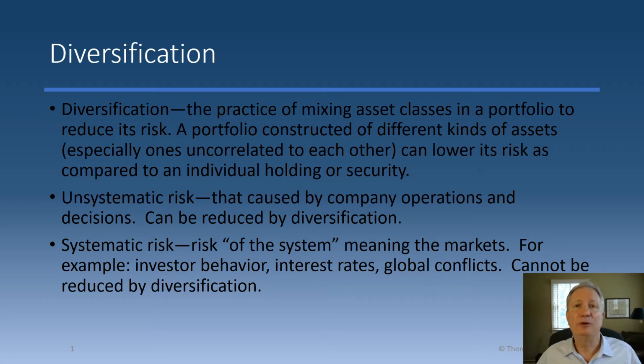So you can't reduce systematic risk by diversification. You can reduce unsystematic risk, the risk of bad products, bad companies, poor decisions, but systematic risk you can't reduce by diversification. But diversification, again, is the process of putting together a variety of securities that are uncorrelated, such that they produce a portfolio that goes down less in bad markets and has less volatility over time.